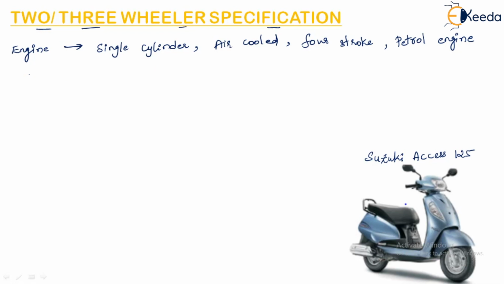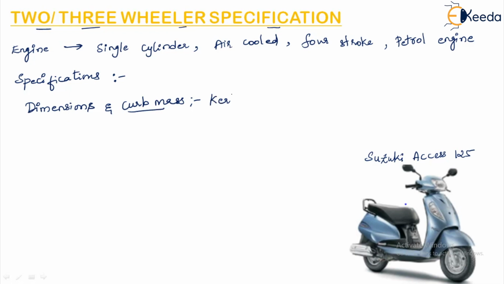Now the general specification which we are going to do. So in specifications we will see the dimensions and the curb mass. So what is the curb mass? Curb mass is also called curb weight.